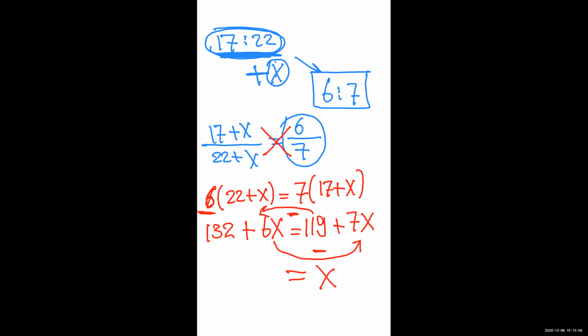So x equals 132 minus 119, so it will equal 13. So the number which we have to add to this ratio so that it will become 6 to 7 is 13. Okay?